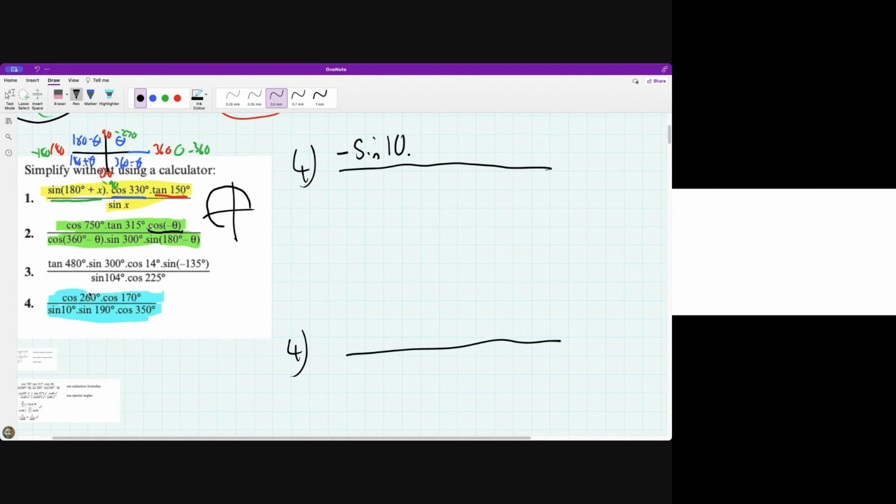If you used the reduction formula, it would be 180 plus 80, and it's in quadrant 3, which is still negative. So it would be negative cos 80.